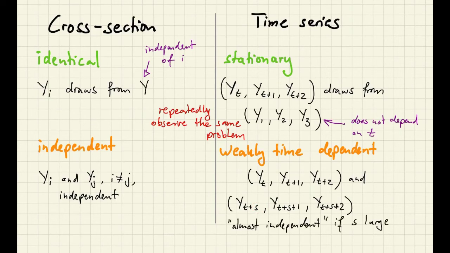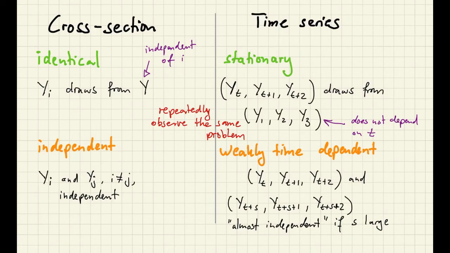And here I'm intentionally being a little vague about what it means for the segments to be almost independent, or what s large means, so how large. To get into the details, we would have to deal with a lot of mathematics that I don't want you to deal with. So we just focus on intuition.